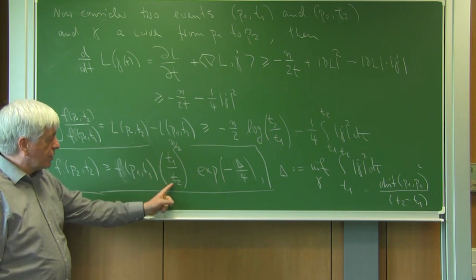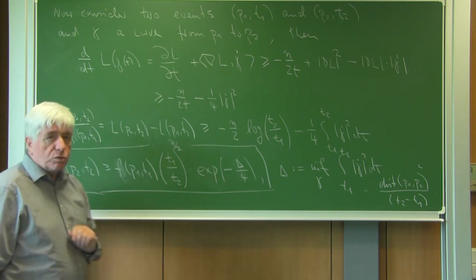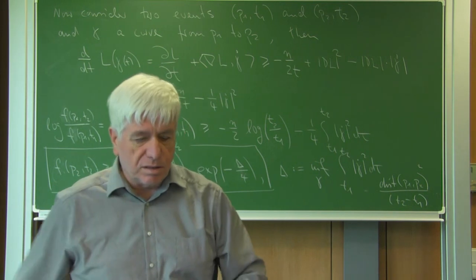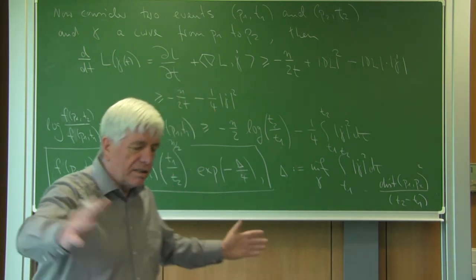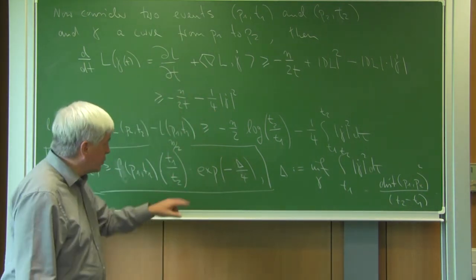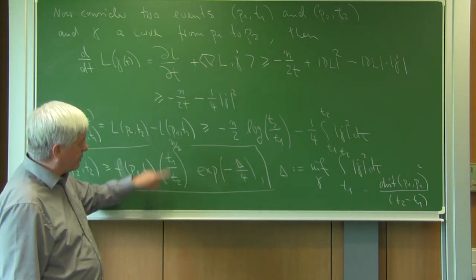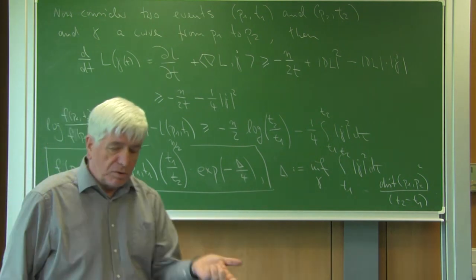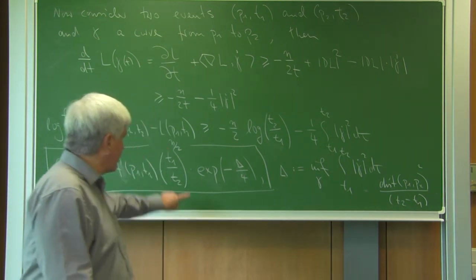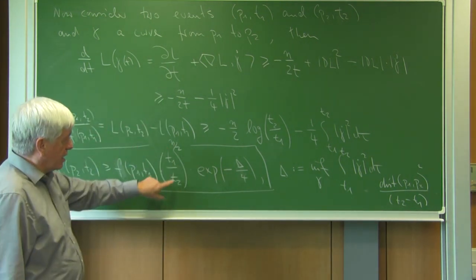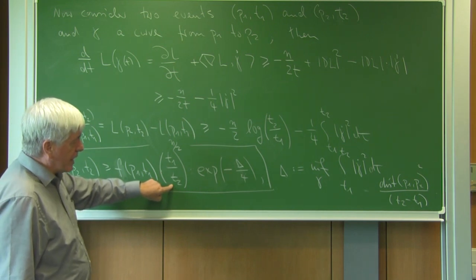And the other thing is, of course, that T2 cannot be too large because then the temperature would have cooled off too much. That's why you get the T2 in the denominator, and you get the best results if you have both T1 and T2 comparable, because then you have a constant bounded from below here.